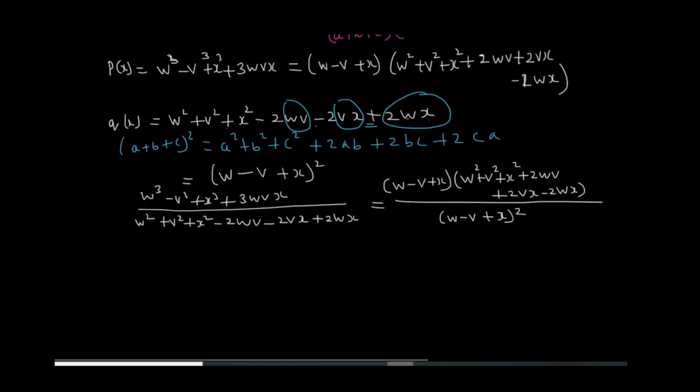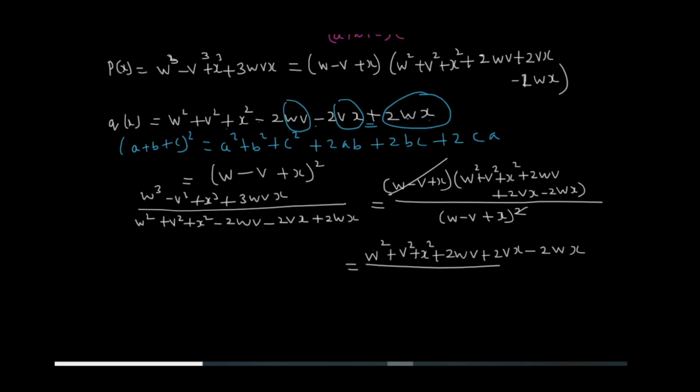Now here we have one factor and there we have two common factors. Cancelling, the rest of the factors are w squared plus v squared plus x squared plus wv plus vx minus wx divided by w minus v plus x without the square, because we cancelled one factor with the numerator.